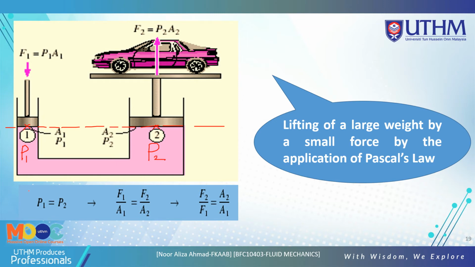With Pascal's law, pressure at 1 is equal to pressure at 2 because they are at the same level. So we know that pressure 1 is equal to F1.